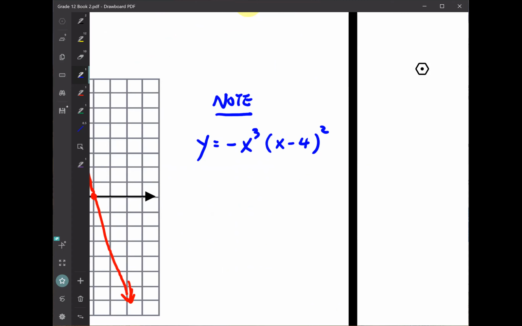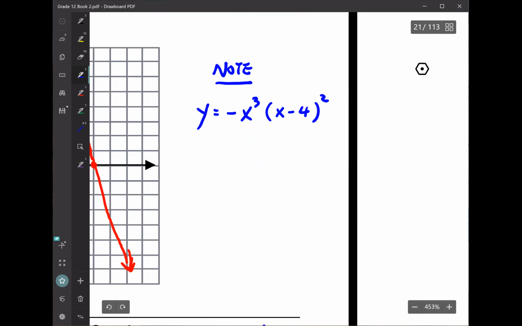Four. 4, how do you know? Because it's squared. Yes, so it's not always 0. You have to adapt to different questions. This time, the double root is at 4. So let's write down the x-intercepts. You have 0, you have 4, but this time, 4 is the double root, and 0 is a triple root.